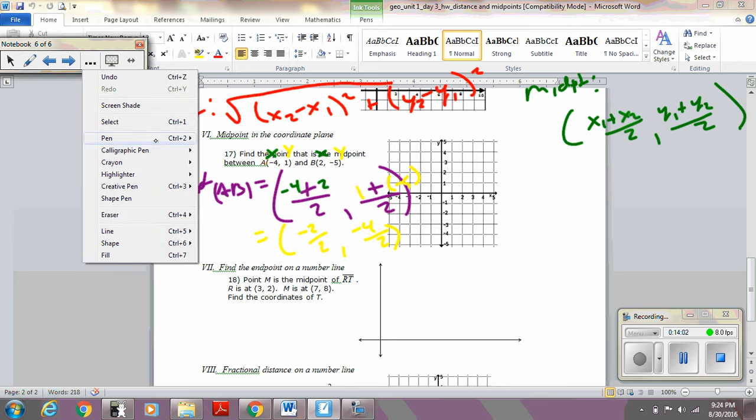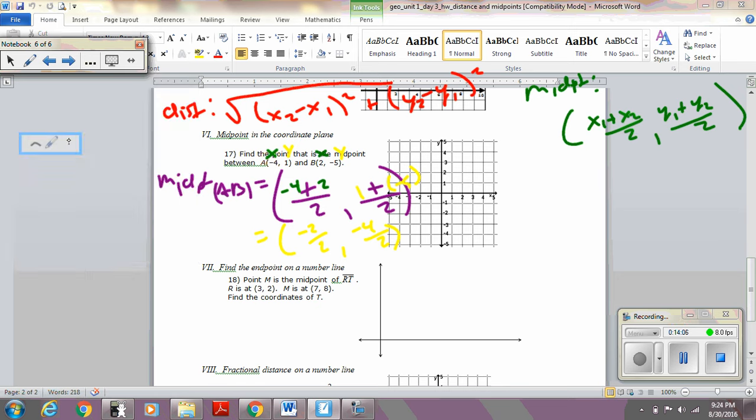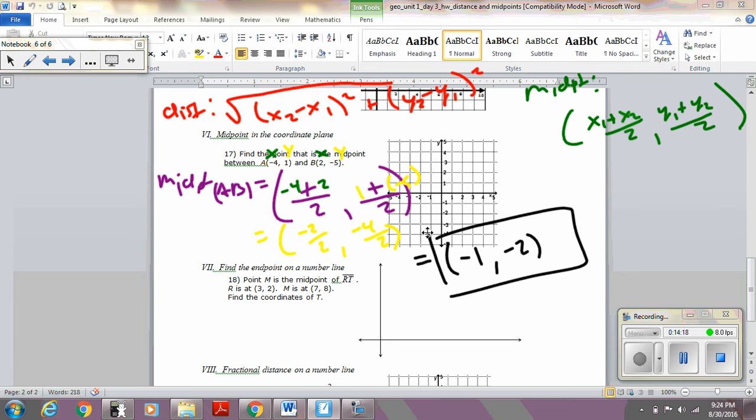I'm sorry, I'll take it off the yellow. I know it's hard to read. And therefore, negative 2 divided by 2 is going to be a negative 1. Negative 4 divided by 2 will give you a negative 2. So the midpoint is negative 1 comma negative 2. And again, you have to write it as an x, y ordered pair.